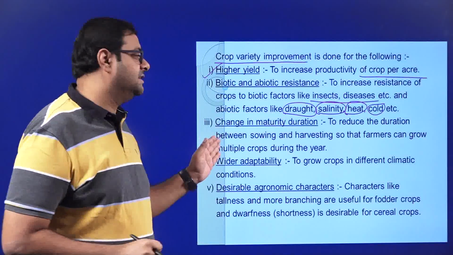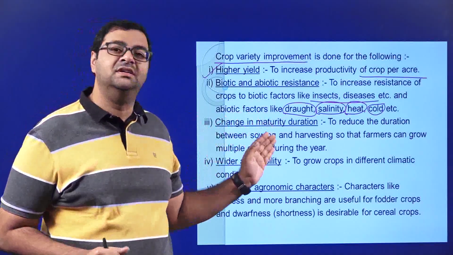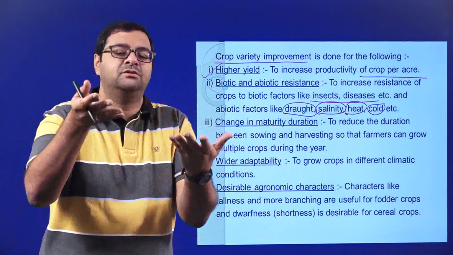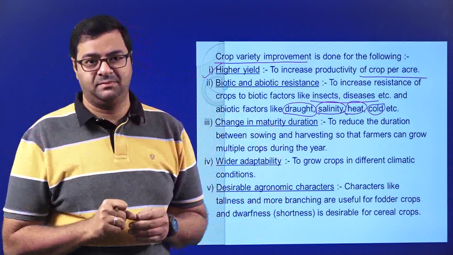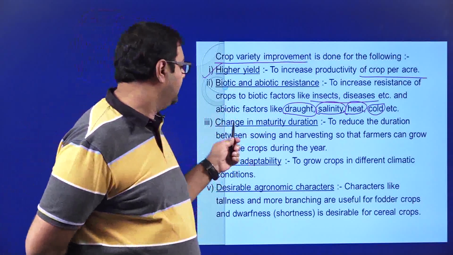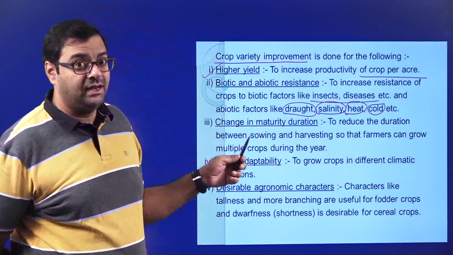If this technique is used here, the sowing and harvesting time may reduce by 1 month, so we can get the crop by September. So that is why they change the maturity duration.